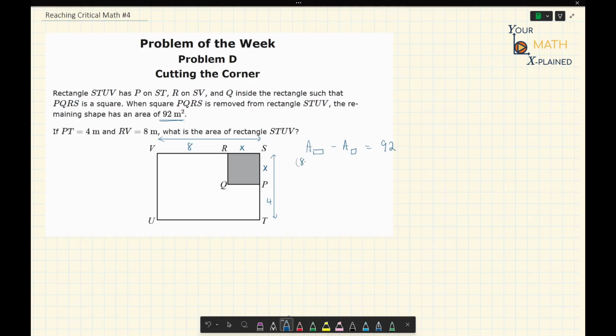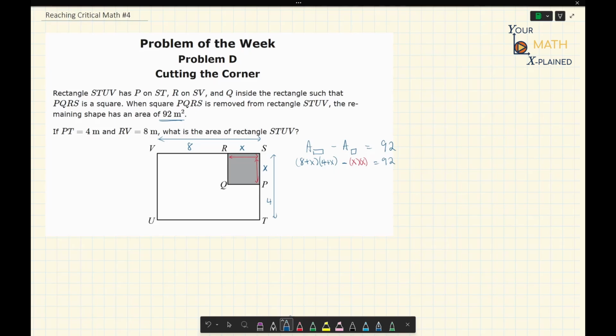That would be 8 plus x, and then times 4 plus x. And then we have the area of the square, which would be x times x, and that is equal to 92. So this becomes a nice quadratic equation for us to work with.